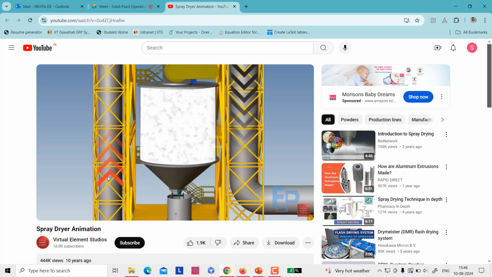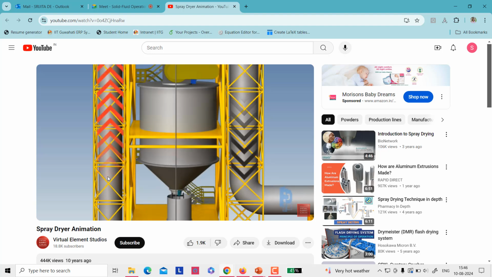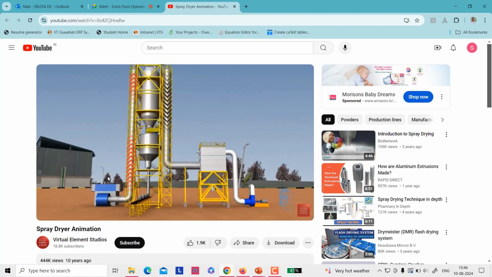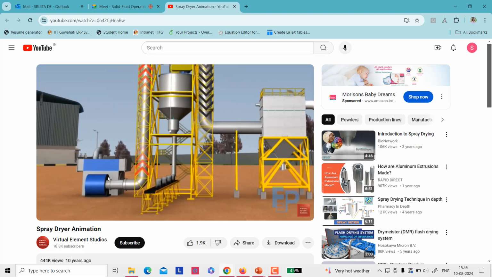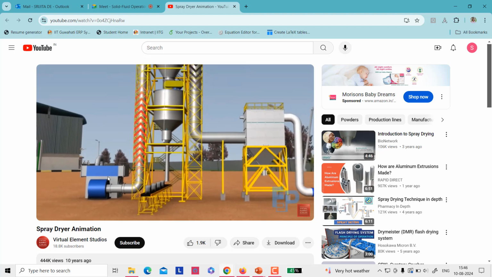On one side hot air is coming and on another side cold air is passing to make it dry.